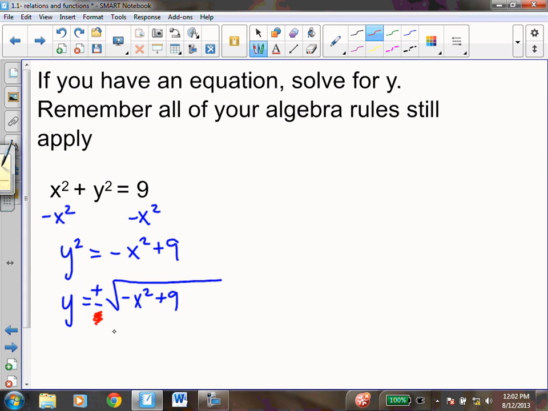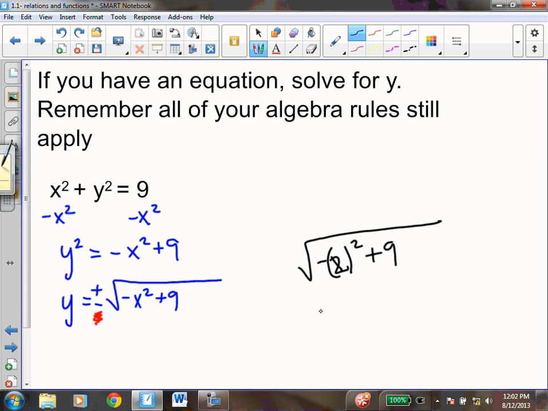So how does this tell us that we have a function or not? Let's think about it. Let's say that I have an input value of 2. So I plug in 2 for x. Negative 2 squared plus 9. 2 squared is 4.